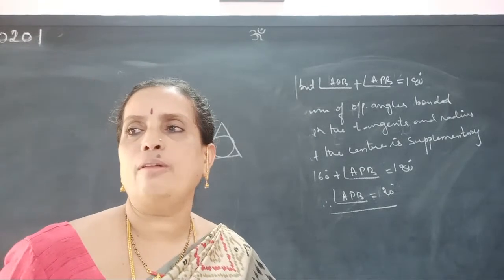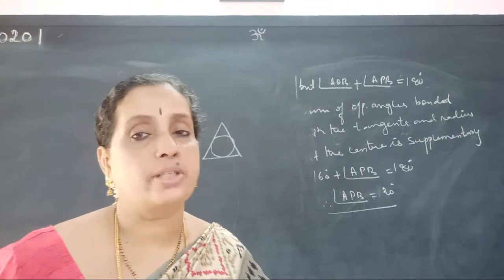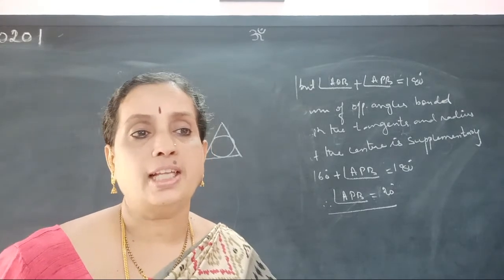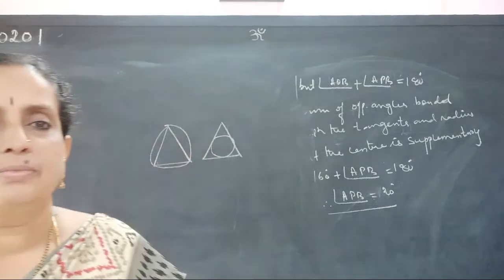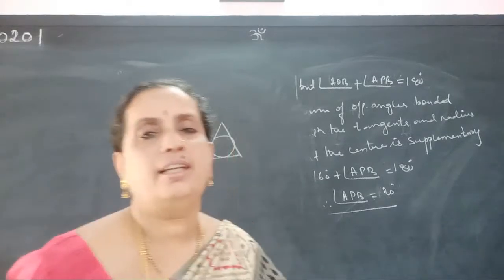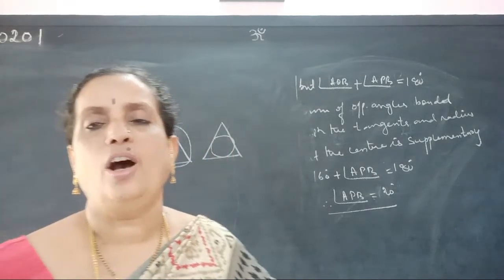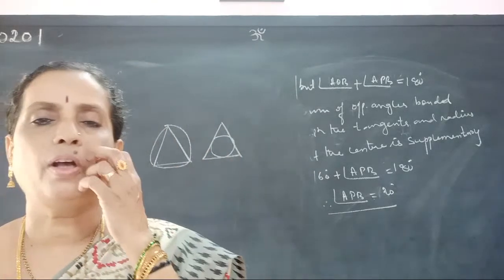One more clue I will give. For the circumcircle we require the circumcenter. For the incircle we require the incenter. Any idea? Incenter, circumcenter, orthocenter, median. These are all points of intersection.